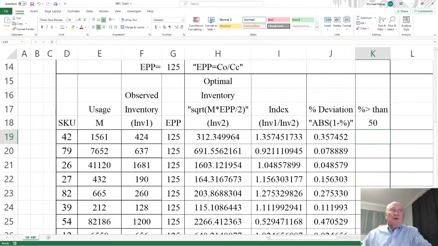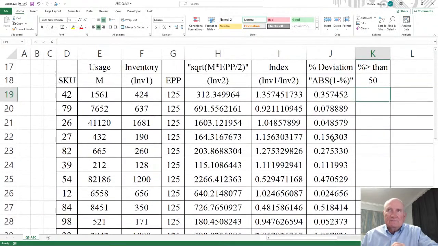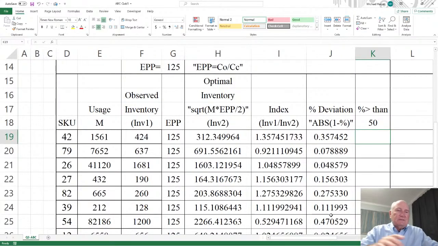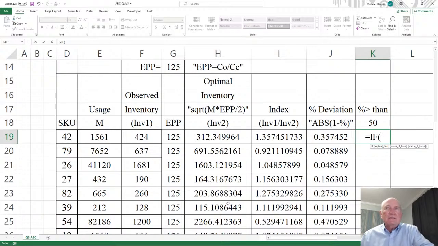So now the question is, here's the deviation. I want to flag these if they're greater than 50%. The way I do that is pretty easy. If this number right here is greater than 50%, well, I put 50 up here. Oh, I tell you what, I have a better idea.